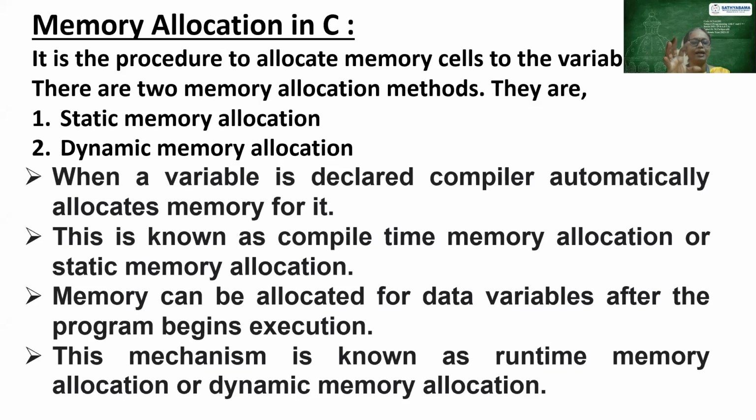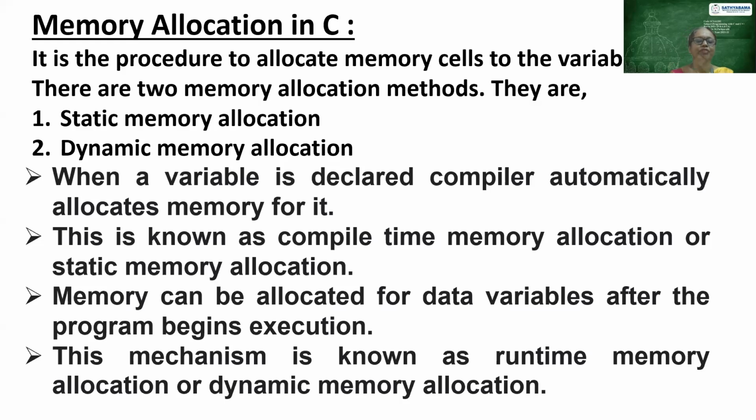So while I am declaring it, my compiler allocates the memory for it. That compile time memory is called static memory allocation. You may take it as a hint: static memory allocation means compile time. During compile time the memory will be allocated, and it will not change. It is a fixed one.